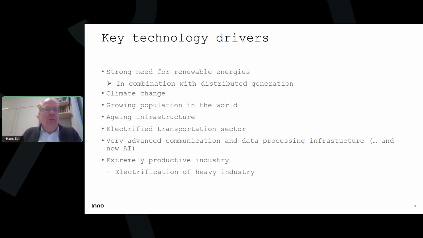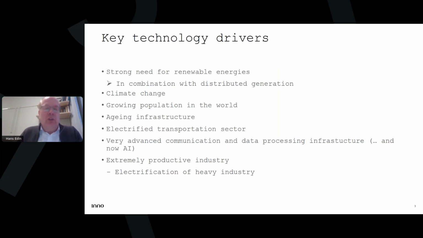This is also partly driven by climate change and the growing population in the world. On top of that, we also have an aging infrastructure of the classical electric power grid system that was evolving strongly in the 1950s, 60s, and so on. We also see a very strong change in the electrified transportation sector, where electric vehicles have become more and more common over the last 10 years.